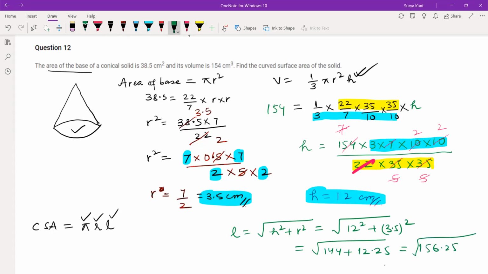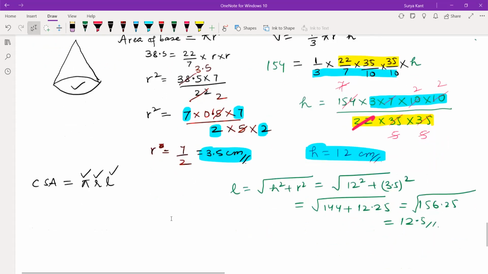So what answer will we get, Nihar? Sir, 12.5. 12.5 if we take out the root, children, okay? If you cannot find the root... the answer is 137.5. Let me check. Oh yeah, still I'm getting that. 137.44 is given. Okay, fine.